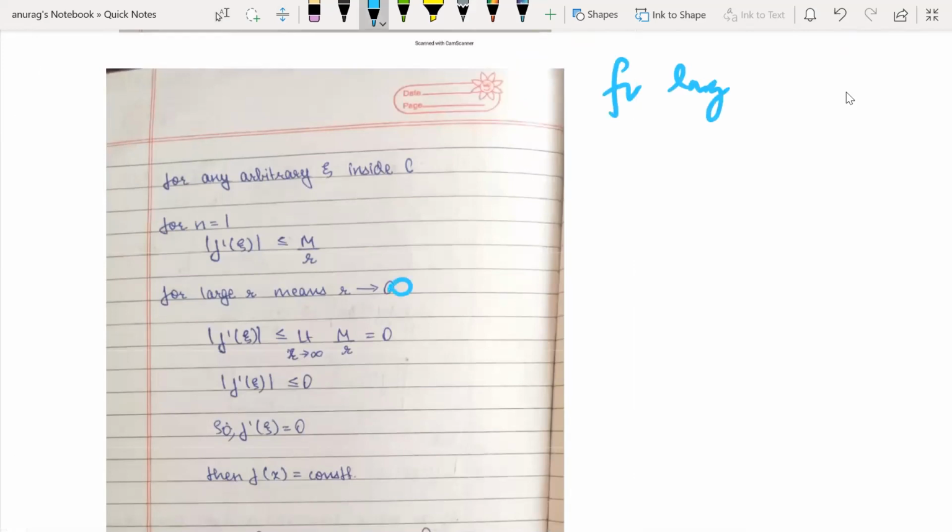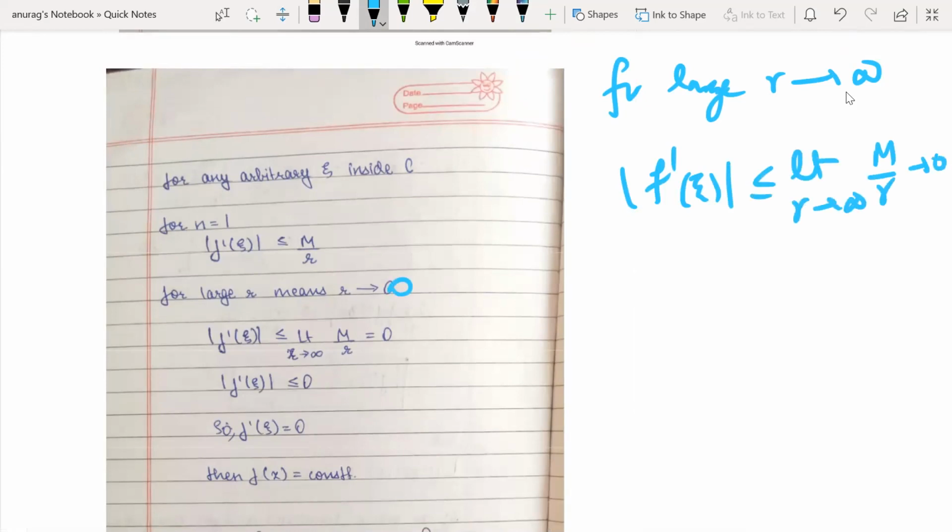Now for large r, meaning r tending to infinity, it will become less than or equal to the limit as r tends to infinity of M over r, which will become 0. So mod of f dash xi is less than or equal to 0, but modulus is always positive, so negative is not possible.